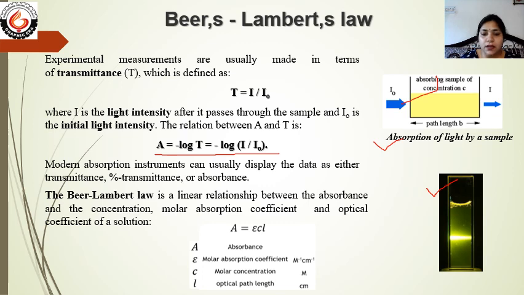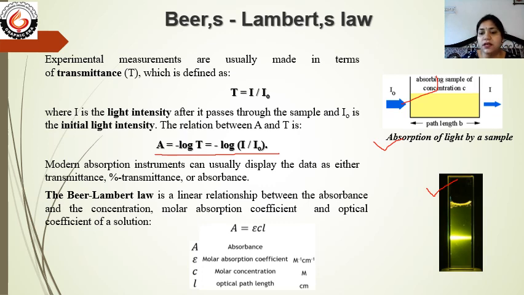In case of Beer-Lambert's law, which was given by Beer and Lambert, they tell that there is a linear relationship between the absorbance and the concentration, molar absorption coefficient and optical path length of a solution. A is equal to epsilon C l, where epsilon is the molar absorption coefficient, C is concentration in terms of molarity, and l is the optical path length in centimeter.